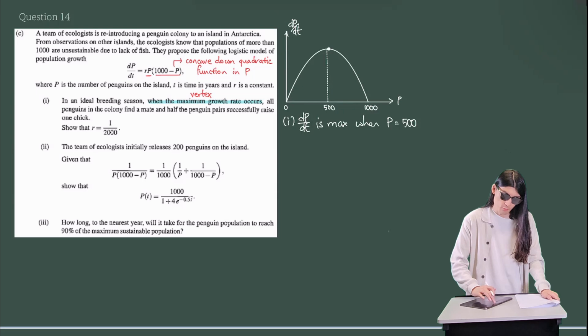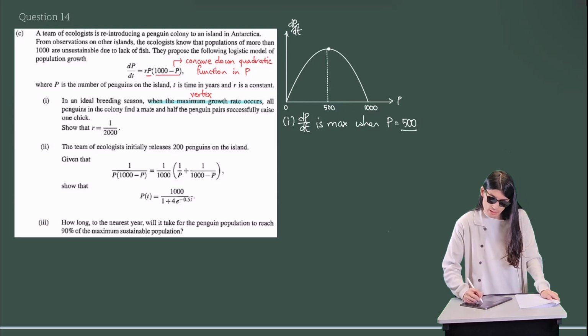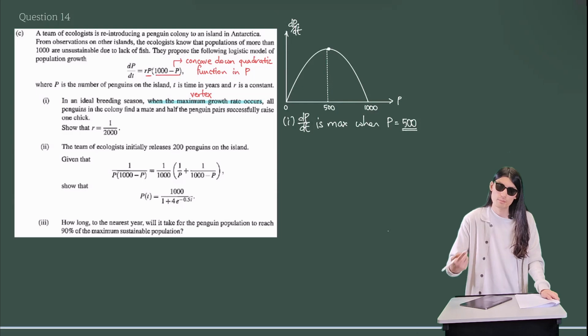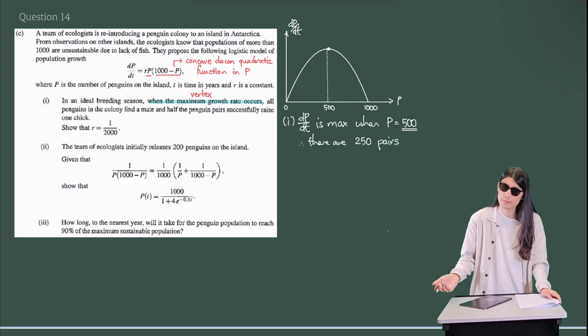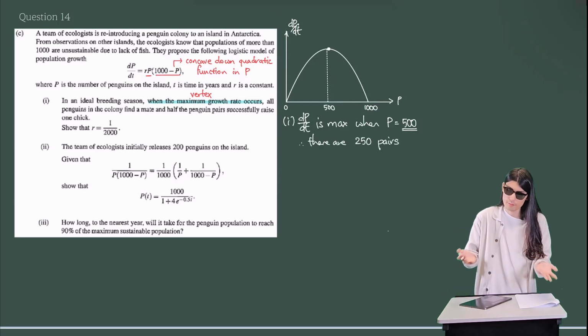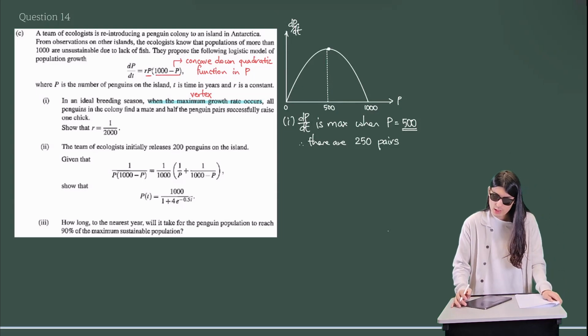All penguins, so all 500 penguins find a mate. So therefore there are then 250 pairs of penguins, or couples of penguins, you could say. Okay, 250 pairs, right? Because 500 divided by 2.